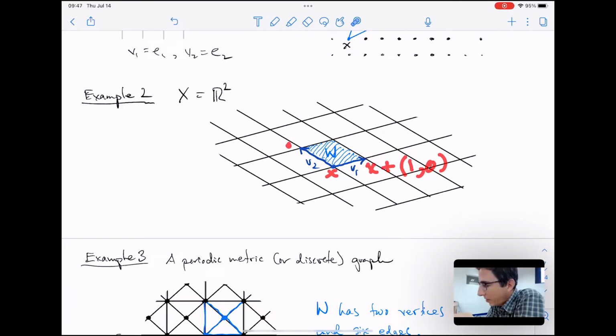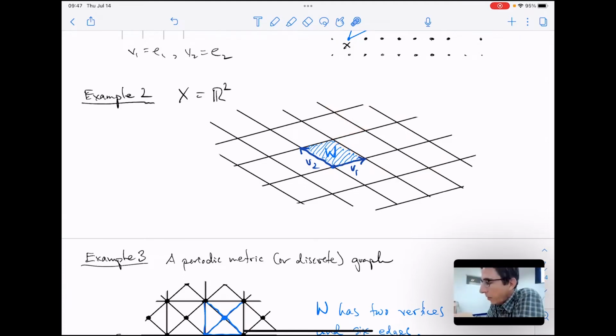This one would be x plus (0, 1), because I shifted in the v2 direction. This one would be x plus (1, 1), because I shifted in v1 and v2 directions. So you see what I mean by adding a vector formally means just adding a certain combination of the v1 and the v2, which are the elementary shifts.